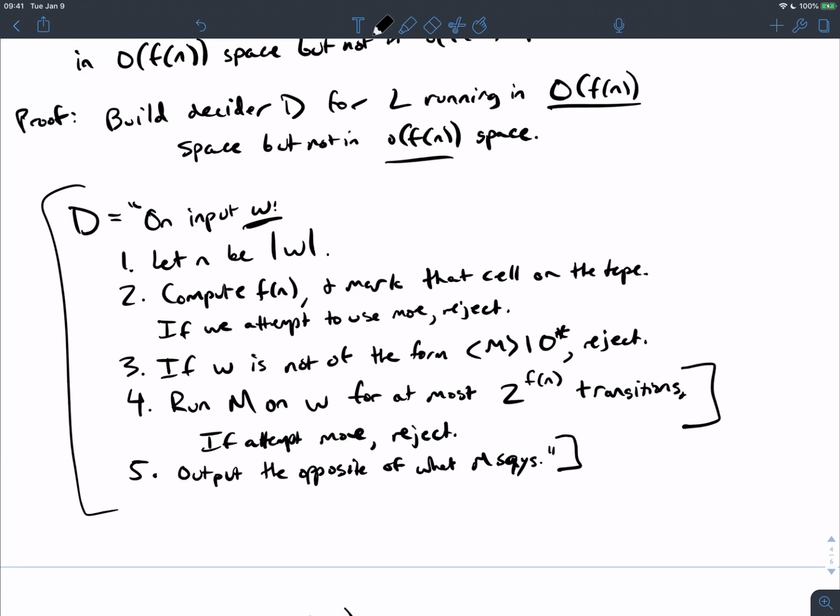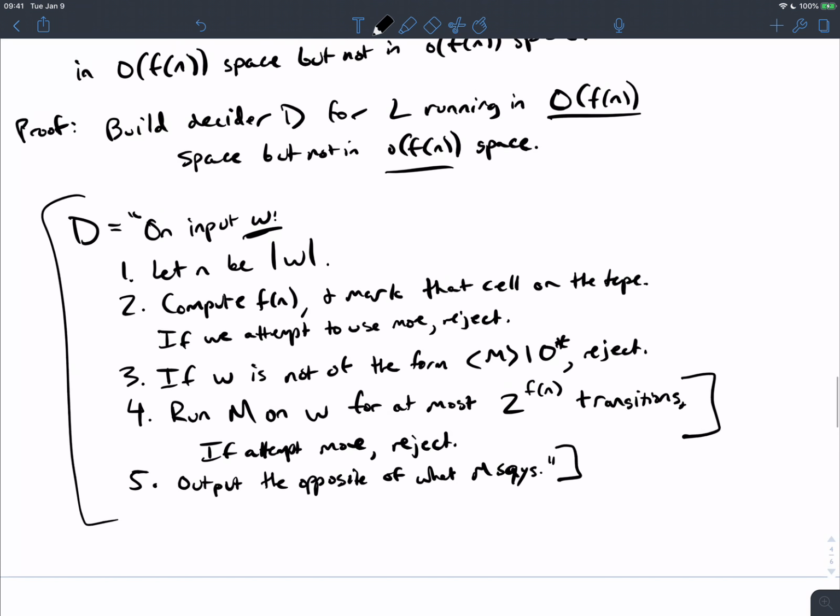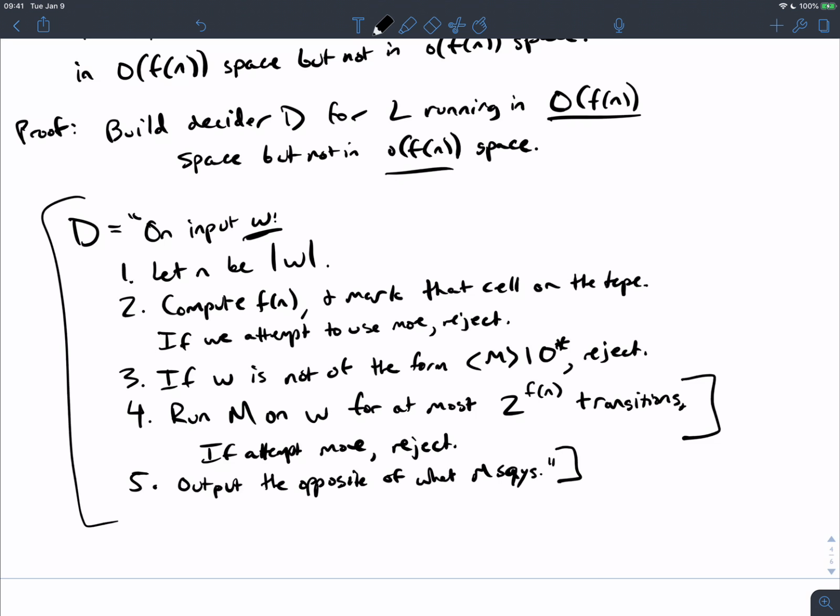D disagrees with it, always, because it outputs the opposite. So any machine at all that runs in at most f of n space, D will disagree with it, because whatever it did, D will say the opposite. So it disagrees with every machine that runs in at most f of n space. Okay, does that make sense? Cool.